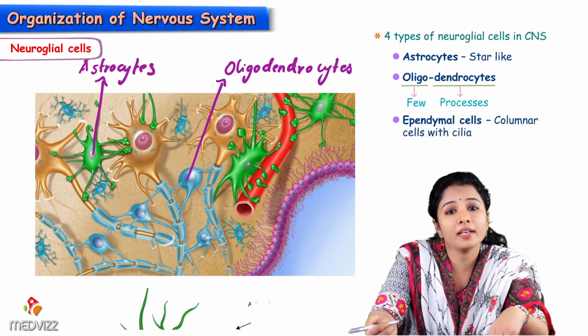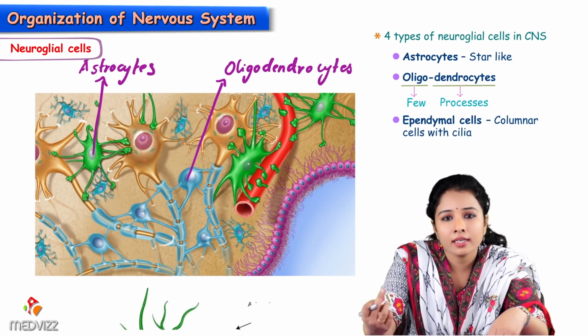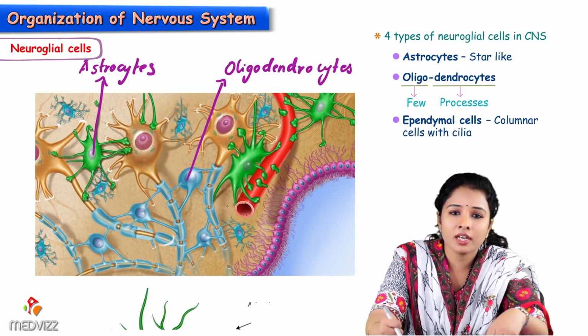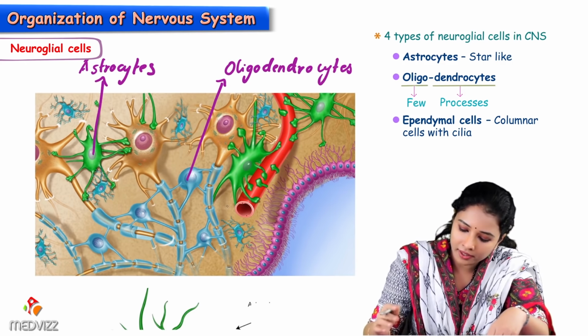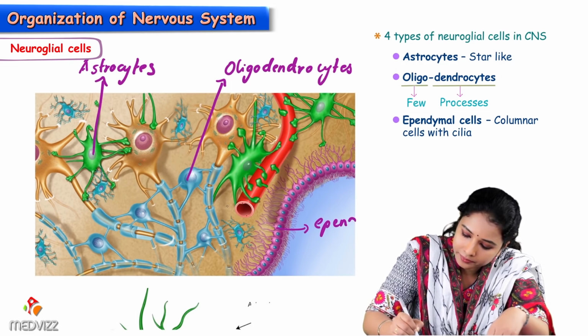Ependymal cells are like columnar cells with cilia, lining the ventricular system of the brain. So these purple cells are ependymal cells.